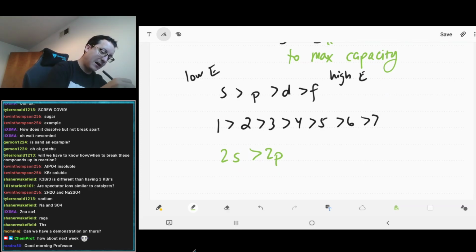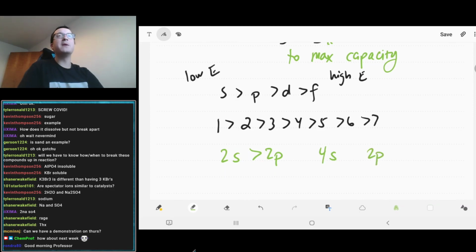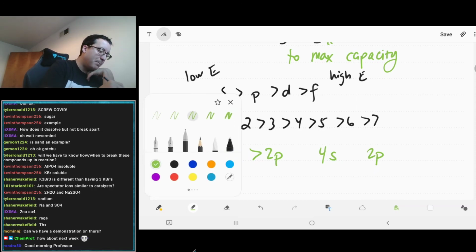If we were to compare, let's make this a little bit more obvious. What do we think about 4s versus 2p? Which one's going to be better for us to put electrons into?